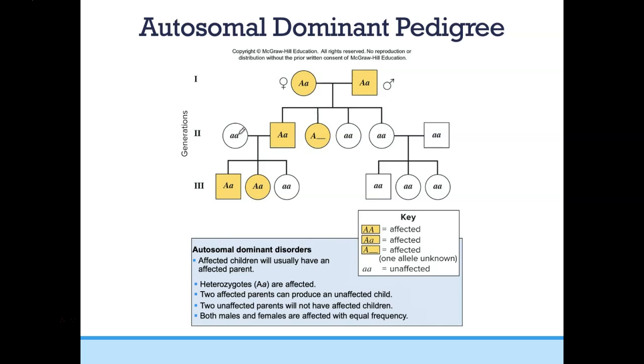And here you can see that a heterozygote is affected and can pass on that dominant allele to the next generation. And both males and females are affected at equal frequency. So make sure you're able to identify an autosomal dominant pedigree if you're given one.